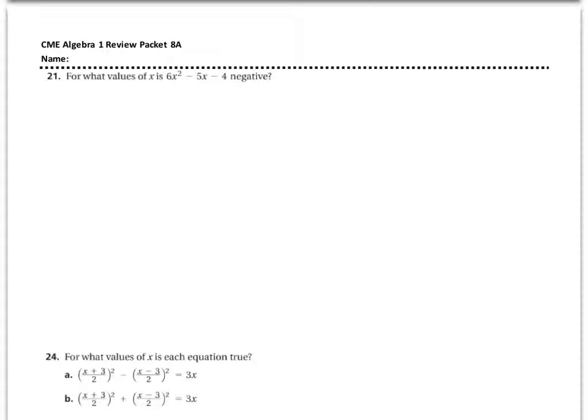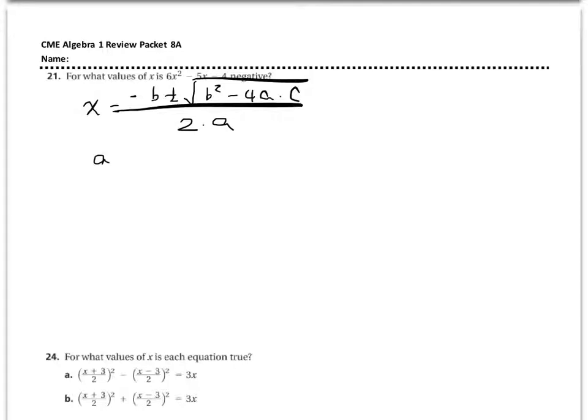For what value of x is 6x squared minus 5x minus 4 negative? In this case, 8.2 is all about the quadratic formula. So use x equals negative b plus or minus the square root of b squared minus 4 times a times c, over 2 times a.